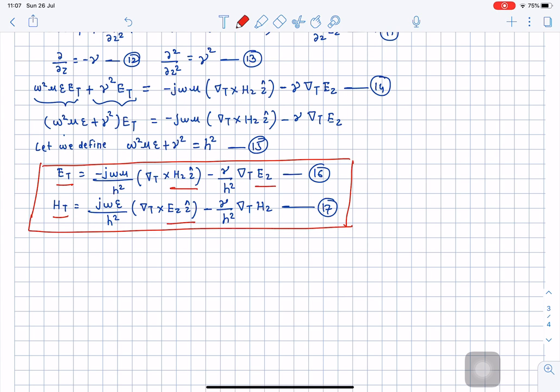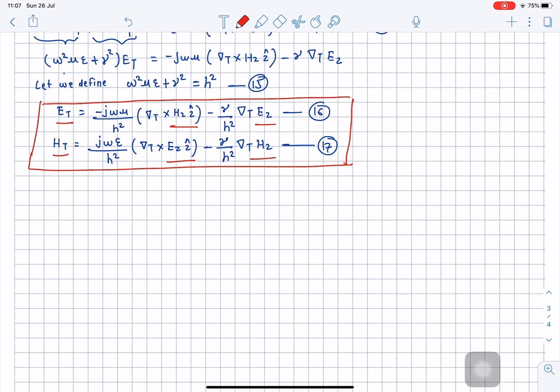So these equations are telling us that we have successfully expressed the transverse field components on the left hand side in terms of the longitudinal field components on the right hand side.